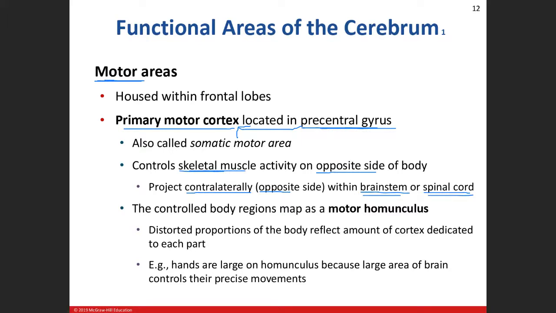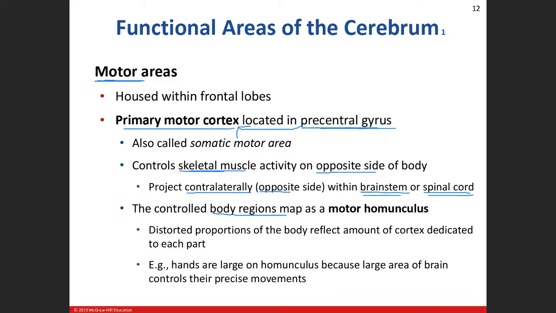All right. So anatomists and physiologists have gone through and mapped out your brain and your brain's image of what it thinks the body looks like. This body region map we call the motor homunculus. Now when you look at this thing, it's going to be kind of funky. Has anyone ever seen the motor homunculus or the sensory homunculus? It's very distorted only because of the amount of real estate that your brain has invested into certain parts of your body.